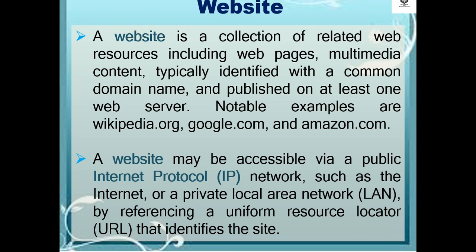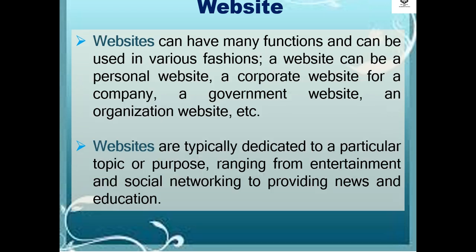A website may be accessible via a public Internet Protocol, or IP, network, such as the Internet, or a private local area network, or LAN, by referencing a uniform resource locator, or URL, that identifies the site.